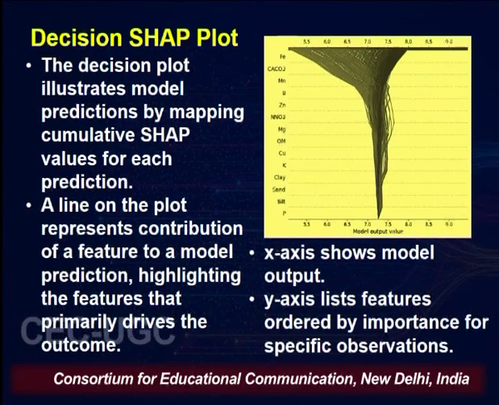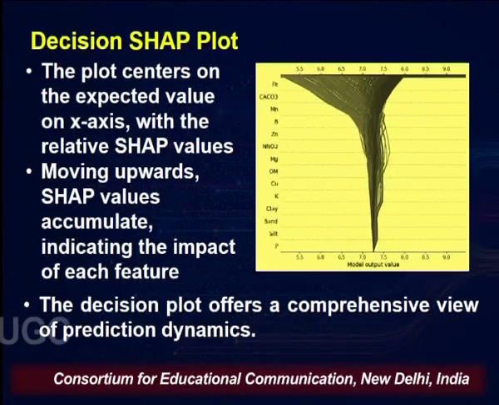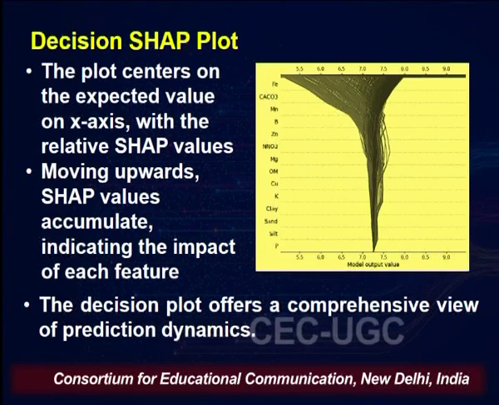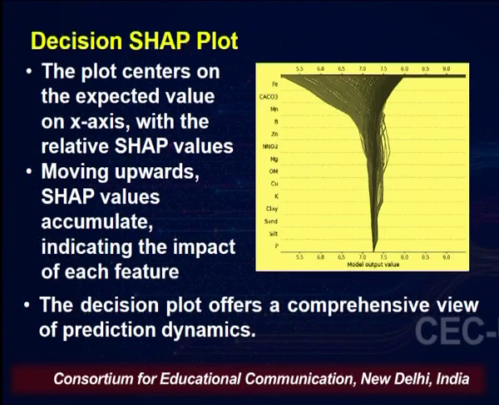A line plot is used in this aspect, where each line denotes a feature. It starts from the base value and gradually moves upward to the final value, that is the final model outcome. The decision SHAP plot centers on the expected value, the mathematically expected value.